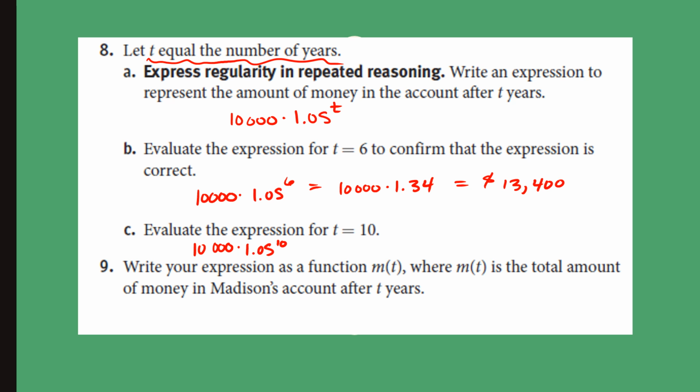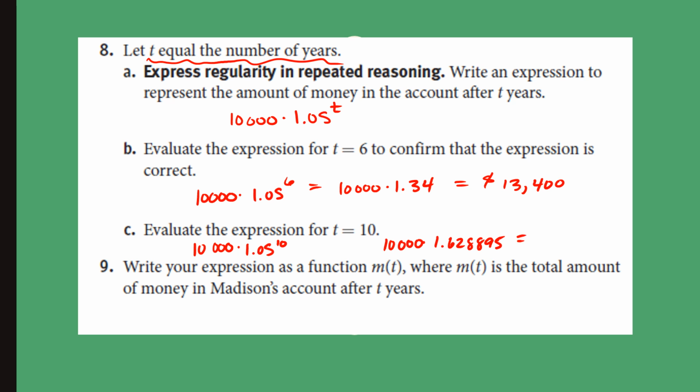And if we figure it out for 10 years then, times 1.05 to the 10th, well, 1.05 to the 10th power, do it yourself, gives me approximately 10,000 times, oh gosh, I don't want to round this too much, so 1.628895, I guess. I don't want to round it too much until the end because it's more accurate if you don't.